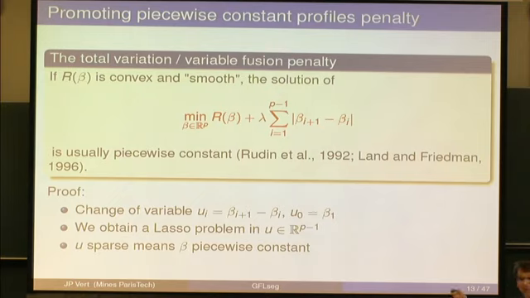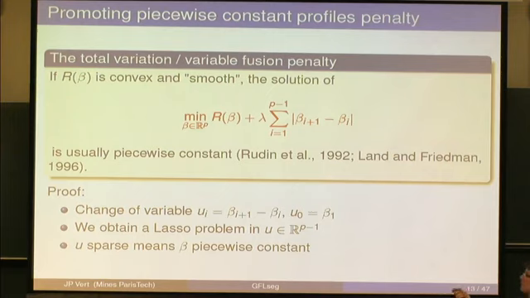So this is something even older, I think, than the Lasso, which is to say that if you have a time series or a vector beta indexed by a one-dimensional index, then if you minimize an objective function, a smooth convex objective function penalized by total variation, then you can show in the same way as the Lasso that the solution of this problem will most of the time be piecewise constant, in a sense that it will be sparse at the level of increments.